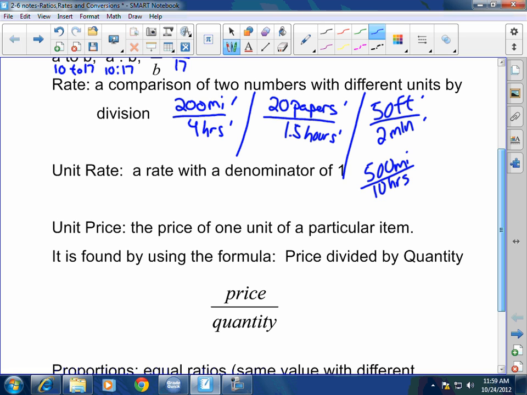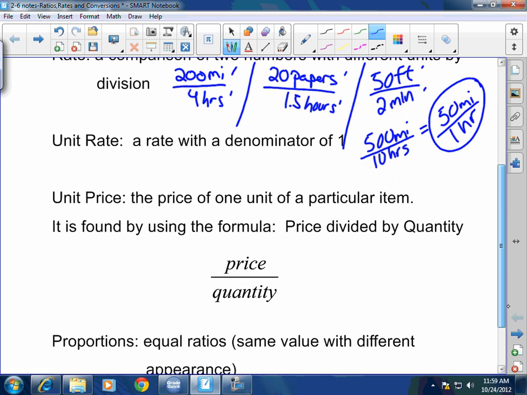I want to know how fast I was going in 1 hour. I want to know the unit rate. So, what would this be? Guys, divide. 500 divided by 10. 50 miles per 1 hour. That's a unit rate because I have a denominator of 1. Does that make sense, guys?